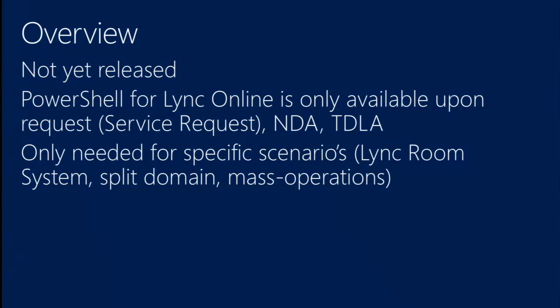You can request it. There's a knowledge base article which describes how you can request this module. You will have to sign an NDA and a technical document specifying what you want to do with it, and Microsoft will monitor the operations that you're doing, basically because it's pre-release software.